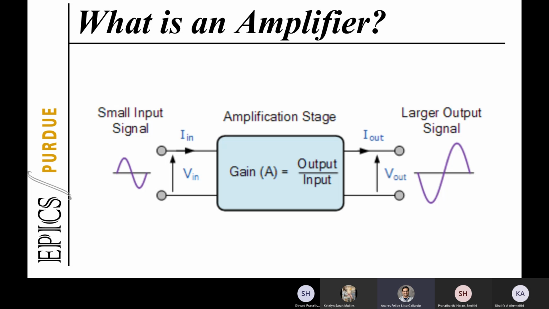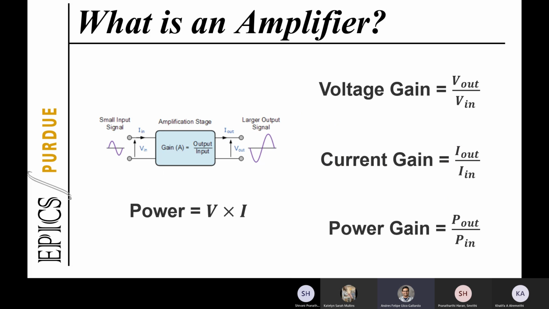And this gain can be seen in three different ways. Depending on what I'm looking at, I can consider the voltage gain, which is the ratio between the output voltage and the input voltage. Or I can look at the current gain, which is the same idea, but this time we're looking at the ratio between the currents.